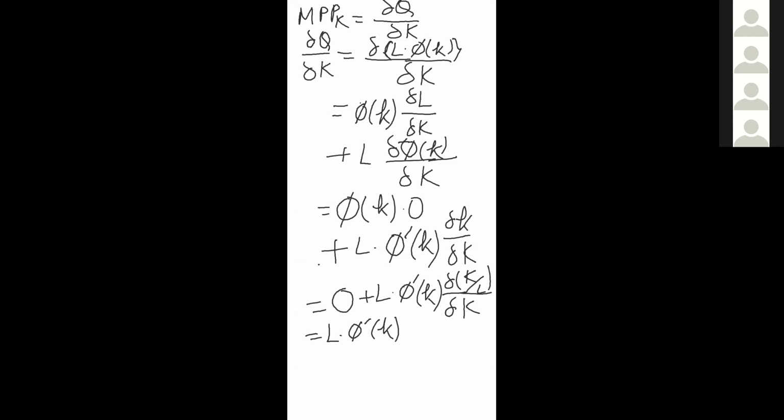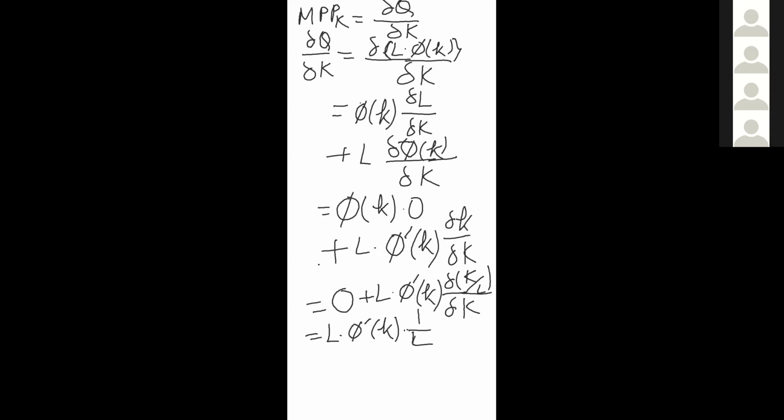So here 1 by L is the coefficient of K. So according to rules of differentiation, we know that the differentiation of the coefficient of a variable will be unchanged. So the differentiation value of this term is only 1 by L. Is it clear? Yes, ma'am.